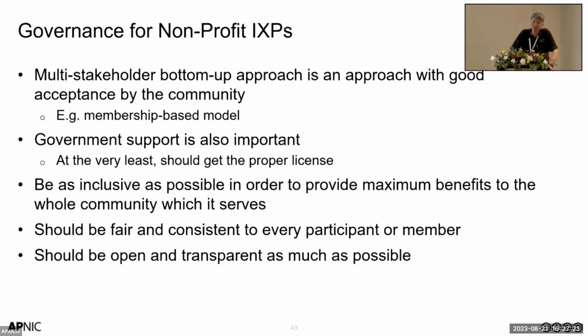Government support may not mean government would take the lead and do everything. They just need to support it, just need to facilitate it, especially during the infancy stage. But afterwards, I think the best approach is still to let the community lead the governance.